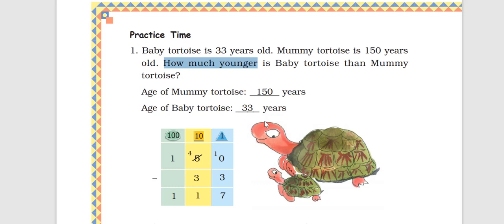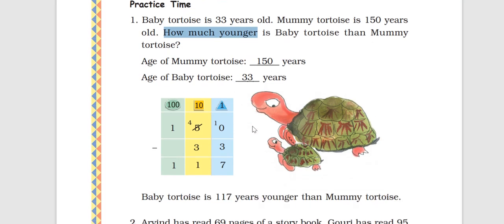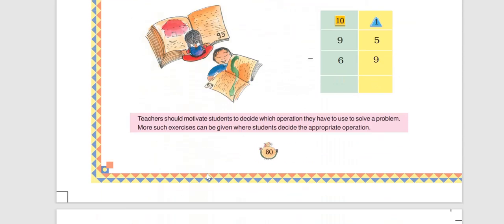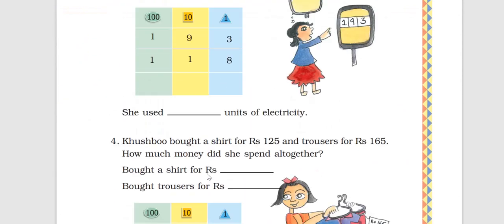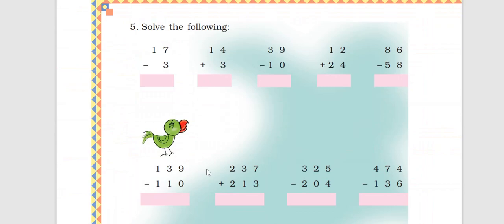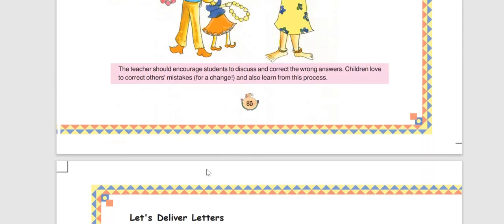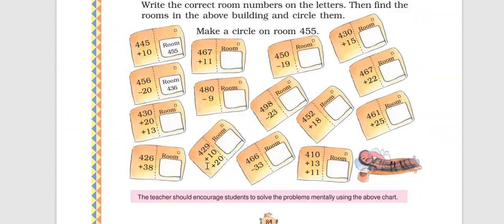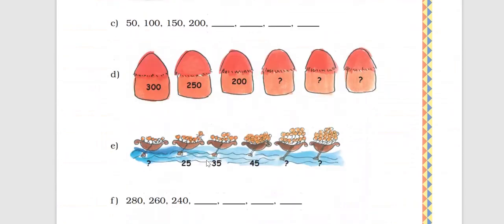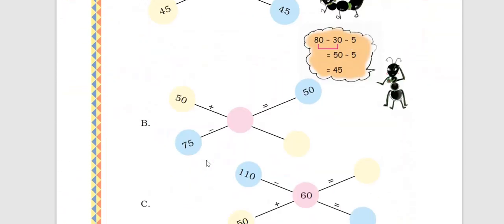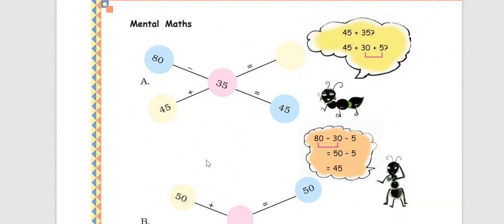So 150 minus 33, that is how many years younger? 117. So again, we covered all this in the first and second parts of this chapter, and you can find links to those videos in the description below. So please take a look if you want to revisit those concepts.